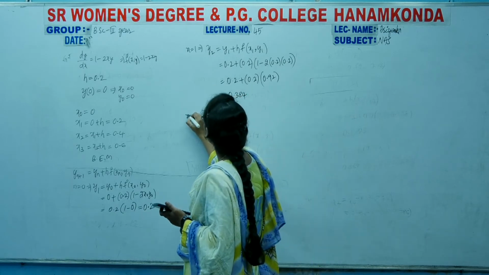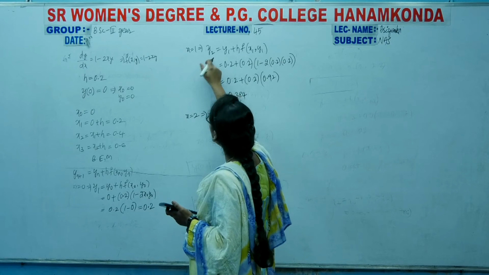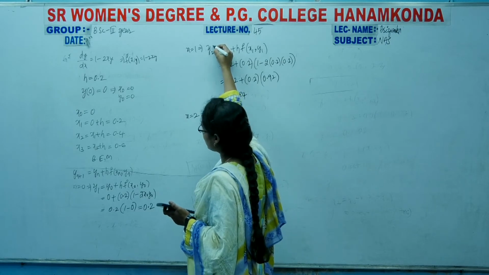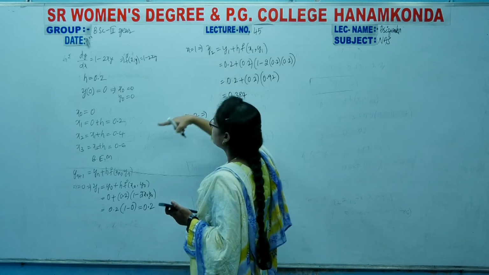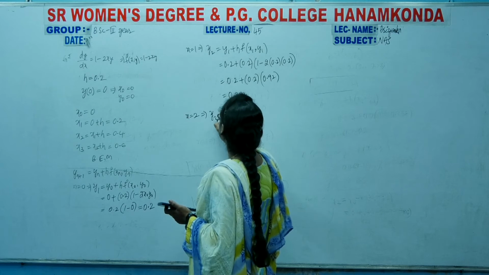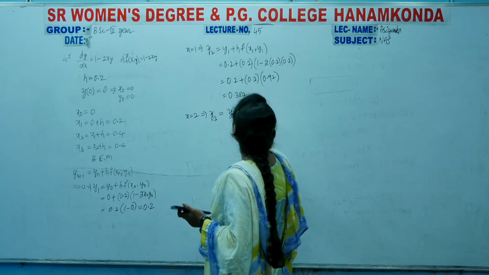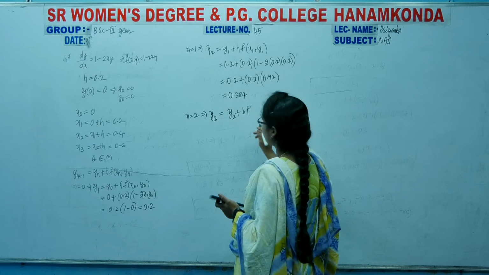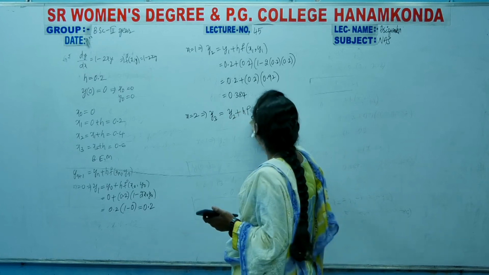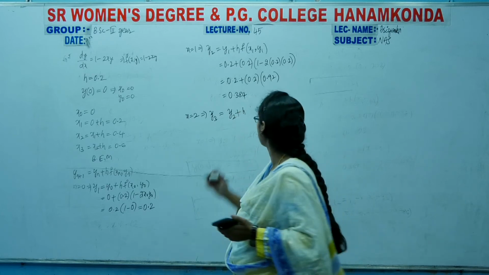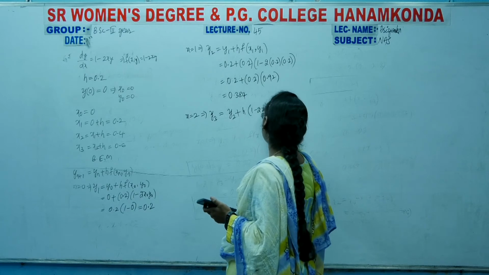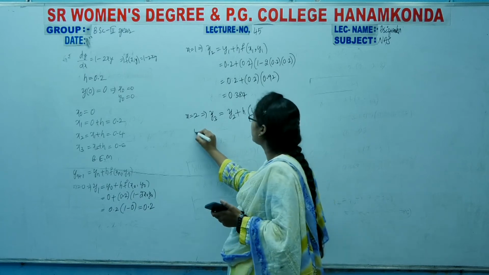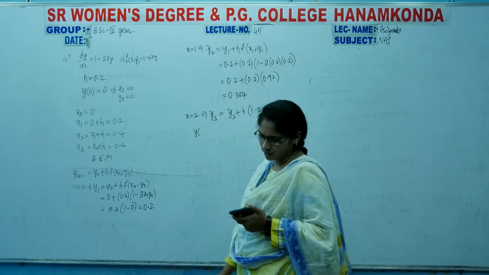Next, for n equal to 2, y2 means here what is the value of x1, that is 0.2. Now y3 equals y2 plus h into, directly I am writing the function, 1 minus 2x1 y1.